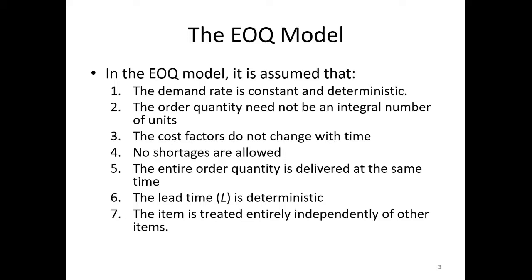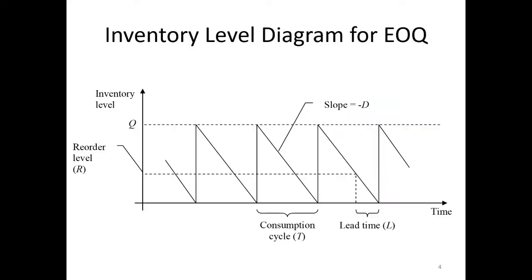Based on these assumptions, the relationships that describe how the inventory level changes over time with the variables and the parameters of the problem are highly simplified, which enables us to solve the problem very easily. So when we put these assumptions together, you will see that the inventory level diagram becomes very simple as represented in this slide.